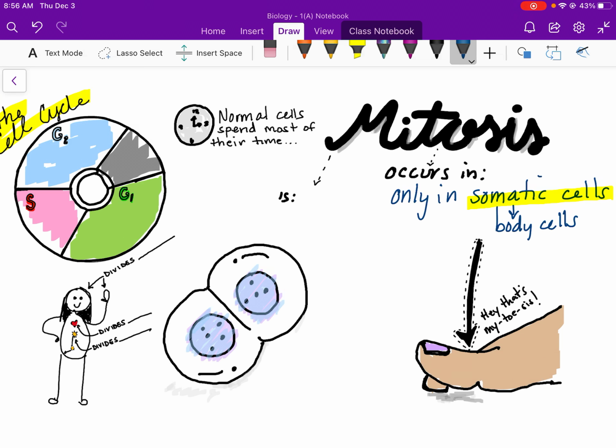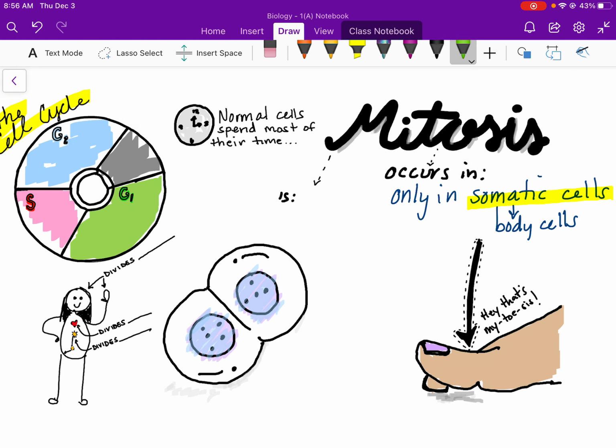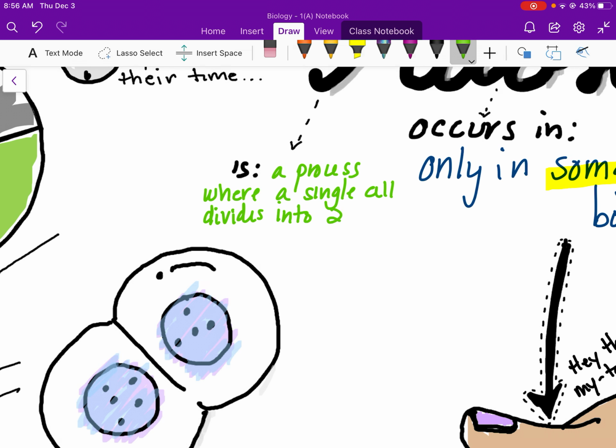But overall, mitosis, I'm going to change my color. Mitosis is a process where a single cell divides into two identical daughter cells.